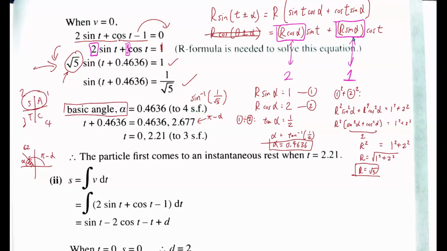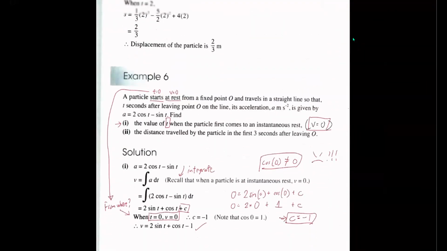Round off to 3SF. So when do you first come to an instantaneous rest? They say t equals 2.21. Why is it not 0? You read the question at the beginning.